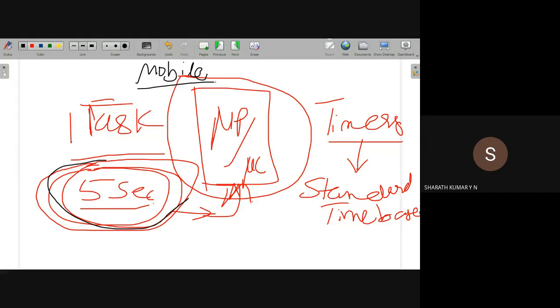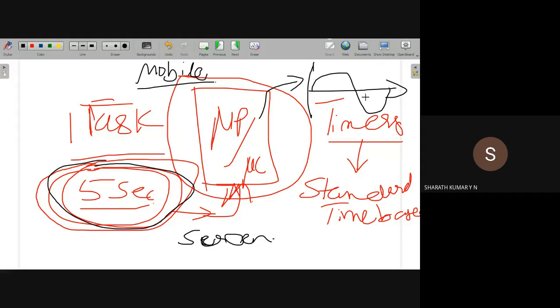Let us say a 5 second delay is the screen turn-off time. Whenever the screen is turned on, internally the microcontroller starts a timer which generates a delay of 5 seconds. This 5 second time is used to monitor the activity of the screen. After 5 seconds, the screen will be turned off.